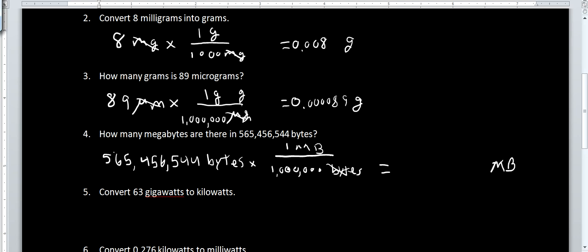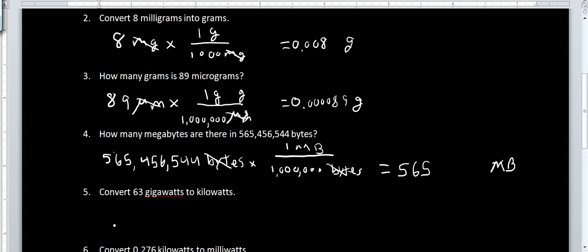So the bytes, as you can see, cancel out. You're left with megabytes. You make the division. That's like dividing 565 million by a million. You simply move the decimal point over to the left 6 places. So your end result would be 565 megabytes.